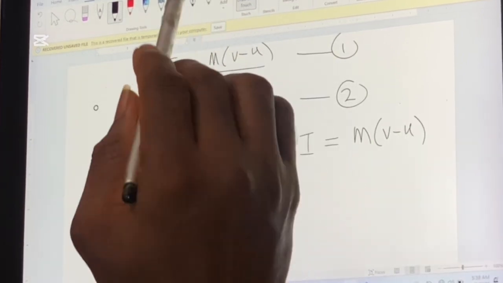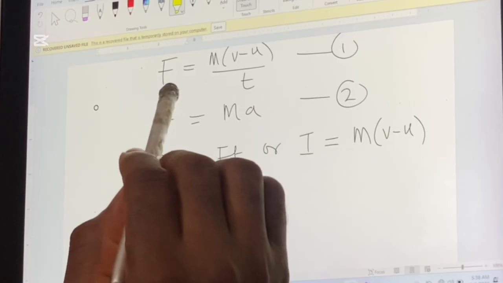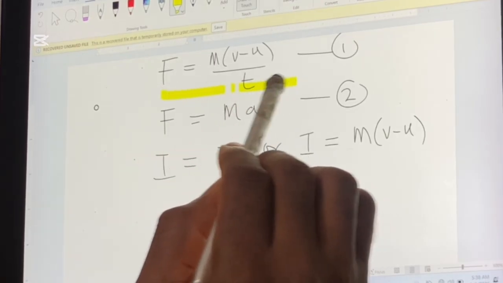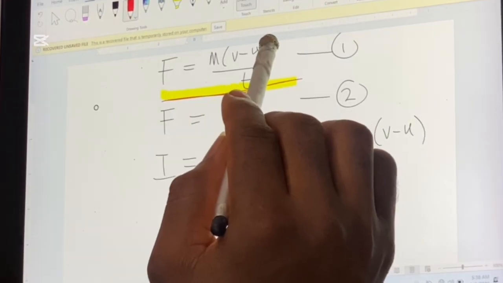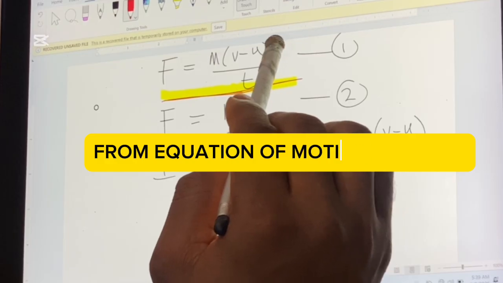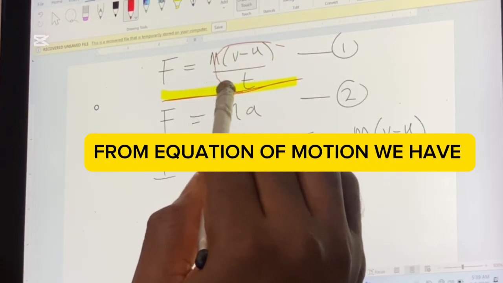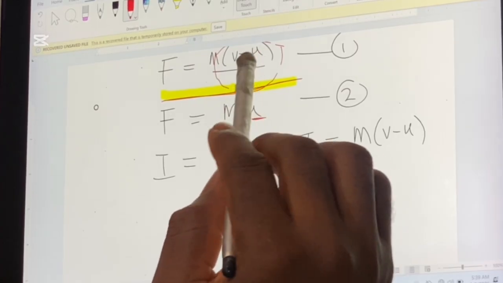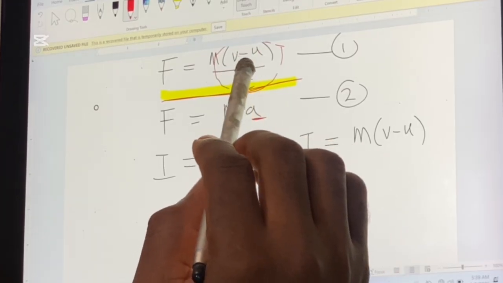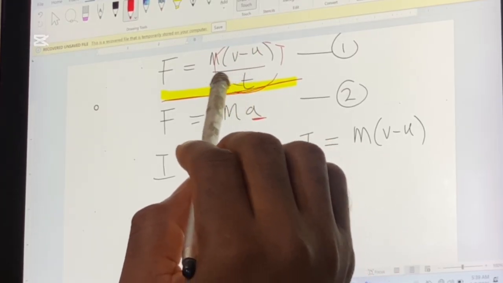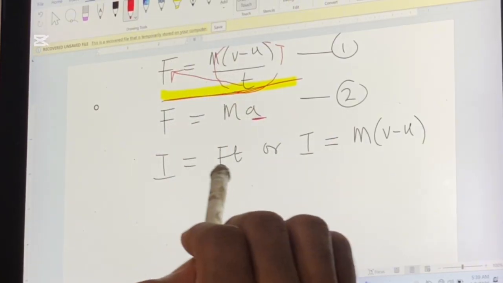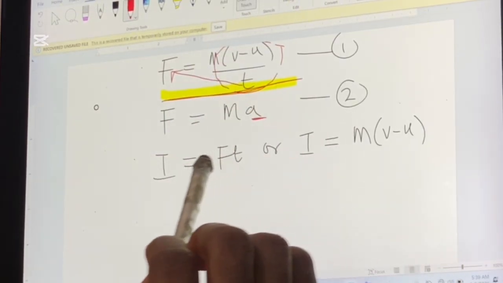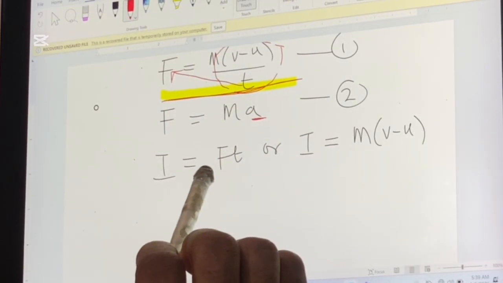So these formulas are derived from this fundamental formula. From the equation of motion, we say that a is equal to v minus u over t. When you replace that, you have this. Now, when you make Ft the subject of the formula, you cross multiply. I will have Ft, which is the same as impulse.